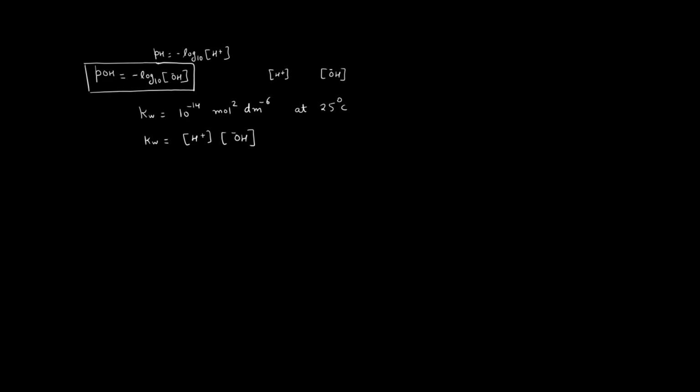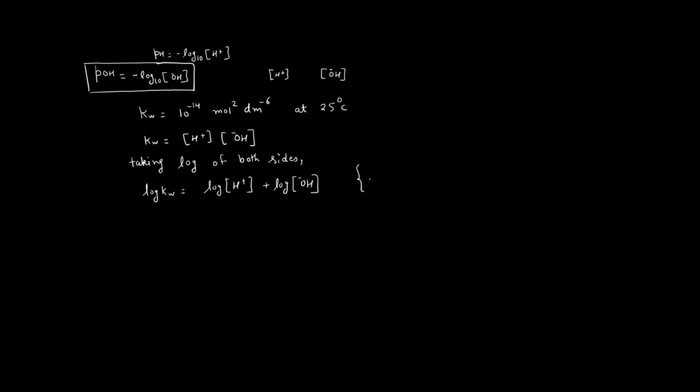Now if we take the log of both the sides, we end up with log Kw equals log H plus ion concentration plus log concentration OH negative ion.